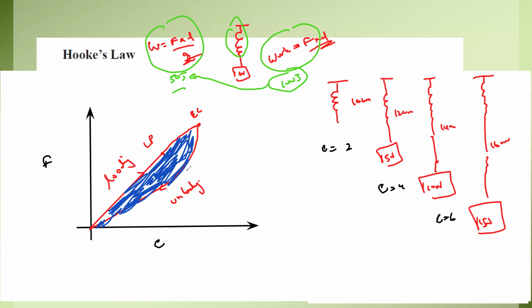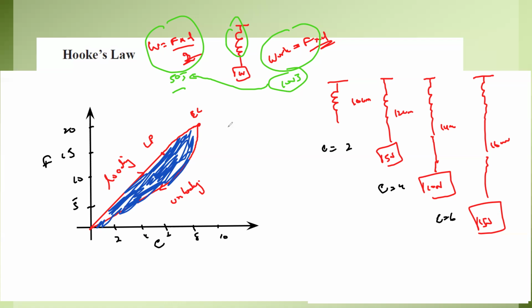But when you unload, meaning you remove the load, for example, this was 5, this is 10, this is 15 and 20. Say we start to unload from 15, and the extension was 2, then 4, then 6, then 8, 10, and so on.